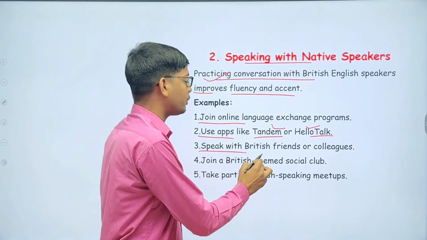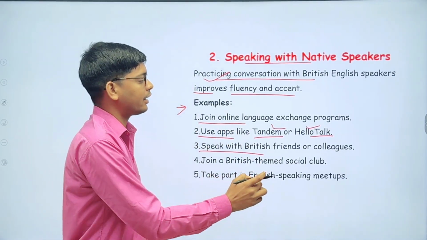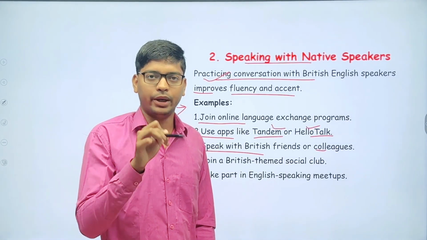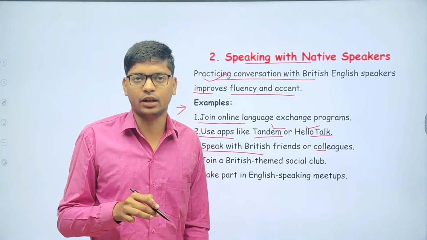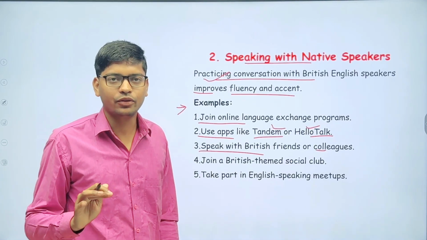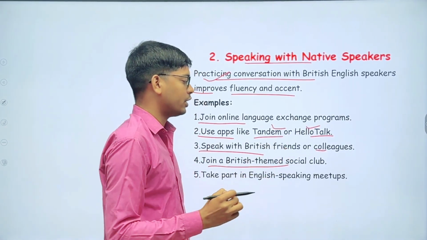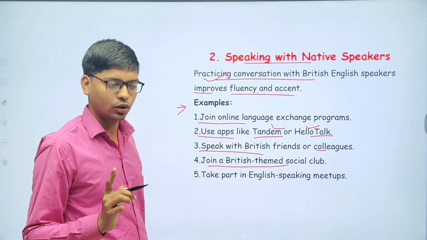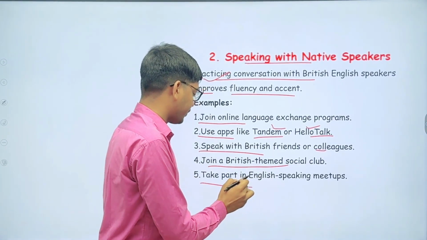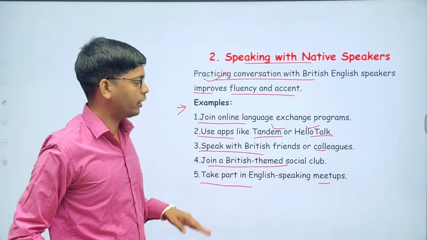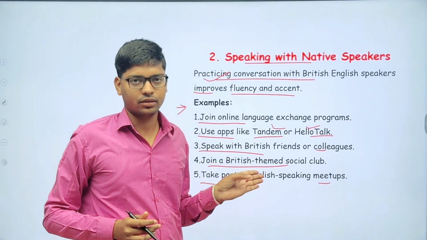Next, speak with British friends and colleagues. If you are living in Britain, the United Kingdom, you can easily find them. Next, join a British themed social club. Next, take part in English speaking meetups. So here are 5 methods.